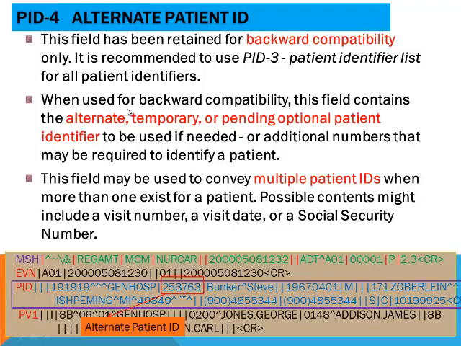When used for backward compatibility, this field contains the alternate, temporary, or pending optional patient identifier. Generally, it can be some social security number or visit number, something you can put here. That means it can be used to convey multiple patient IDs. This is one, this is another ID, perhaps another ID. So we don't use it after version 2.4.